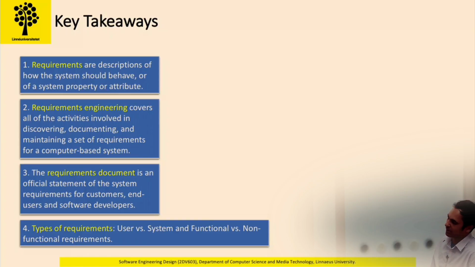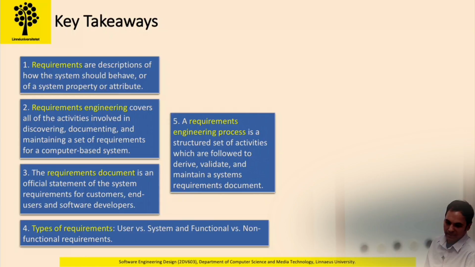Functional requirements are all about actions and features, and non-functional requirements are all about how those actions and features can be performed. Then there is also the requirements engineering process, which is a structured set of activities that does similar things, but in a structured, formal, well-defined way.